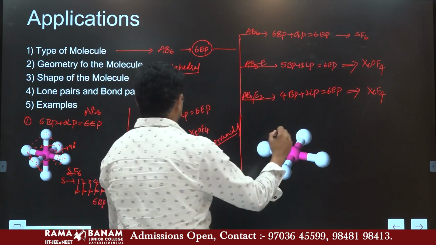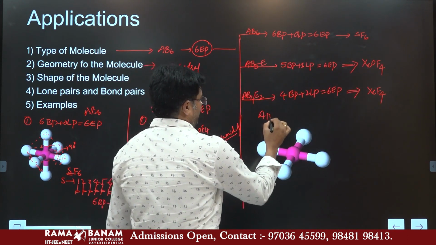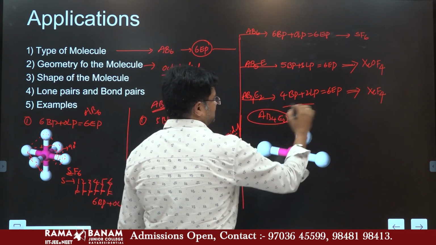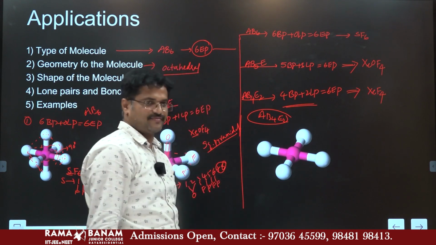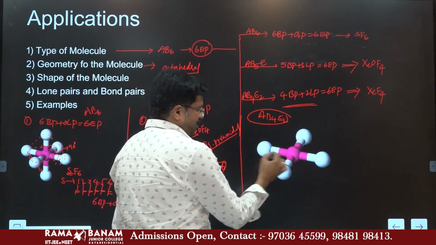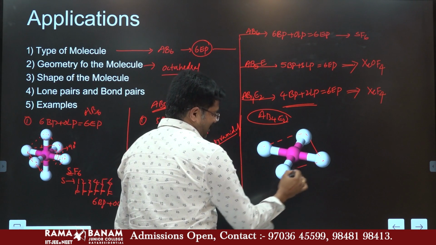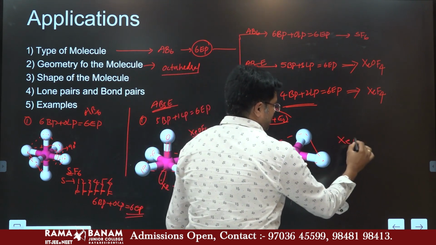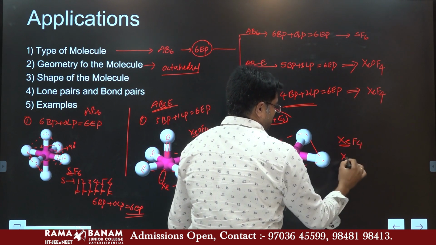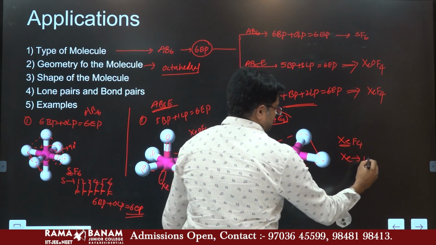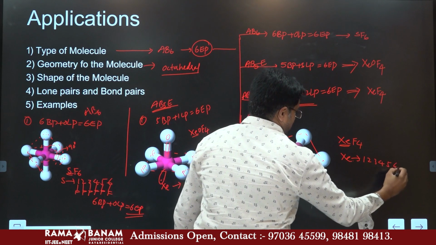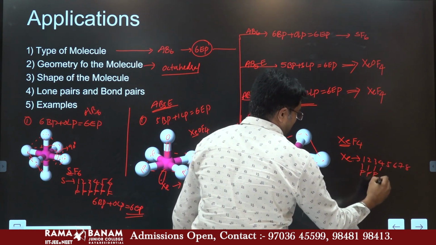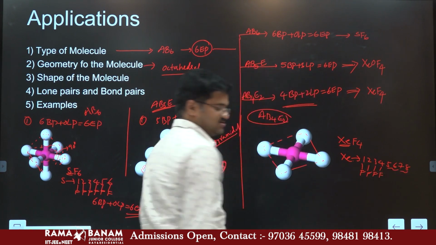And the next case, AB4E2 type: 4 bond pairs, 2 lone pairs. The 4 bond pairs are arranged in a square planar shape. Example is xenon tetrafluoride. Xenon has 8 electrons in valence shell, 4 fluorines form single bonds, and there are 2 lone pairs.